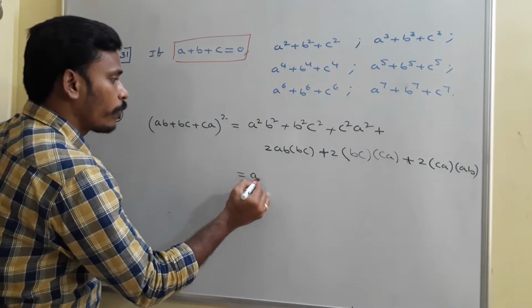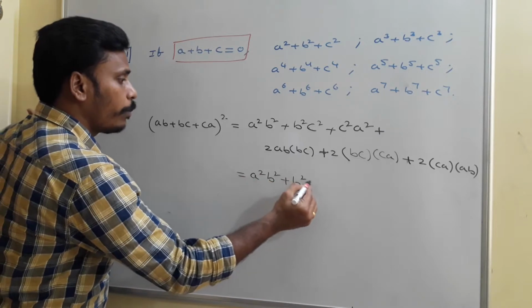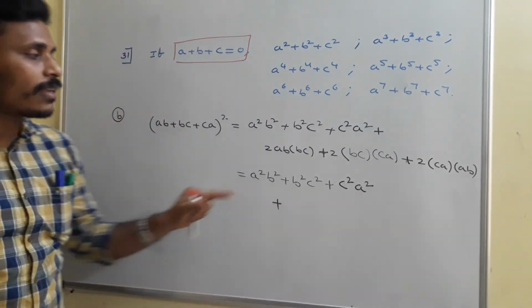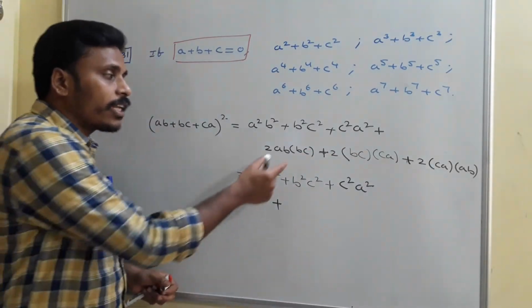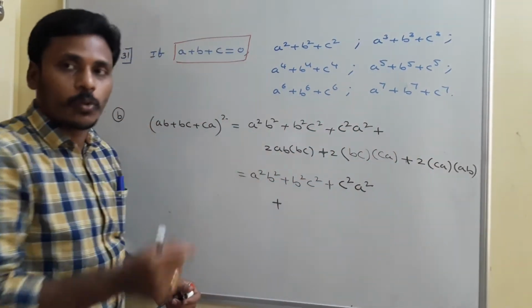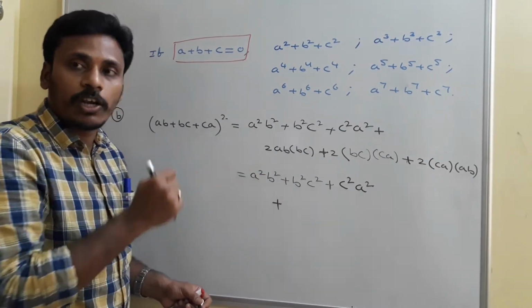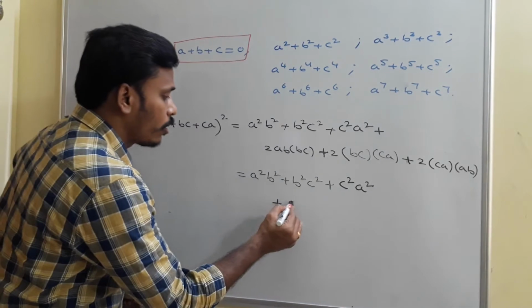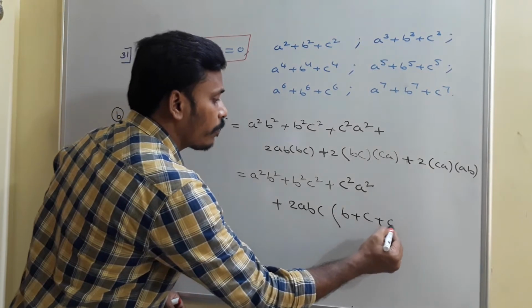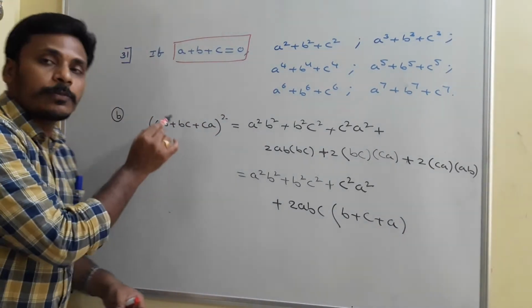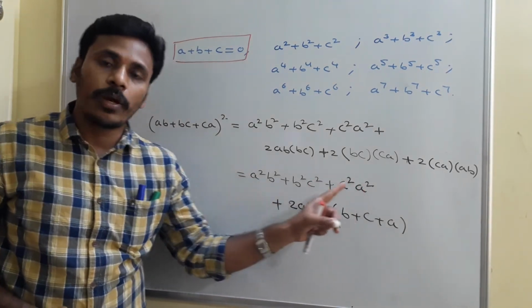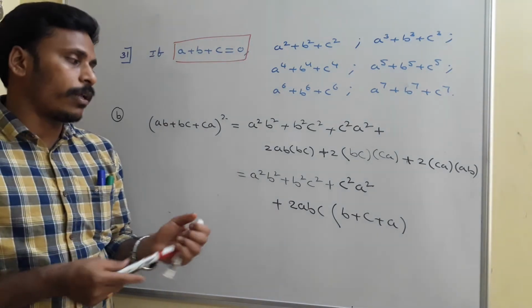And this equals a²b²+b²c²+c²a² plus, for the remaining three terms, 2ab²c, 2bc²a, and 2ca²b. Among these three terms, 2 is common and abc is also common. If you pick out 2abc, you are left with b in the first term, c in the second term, a in the third term. So (ab+bc+ca)² is a²b²+b²c²+c²a²+2abc(a+b+c).